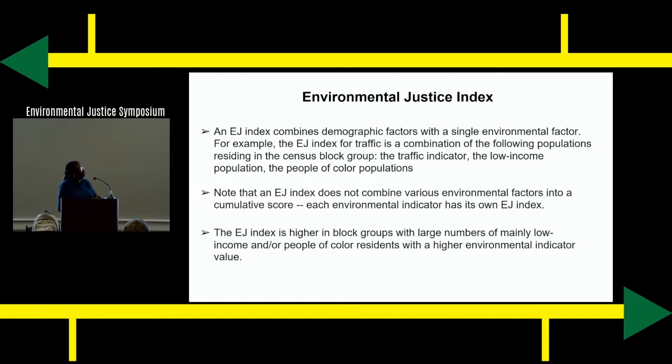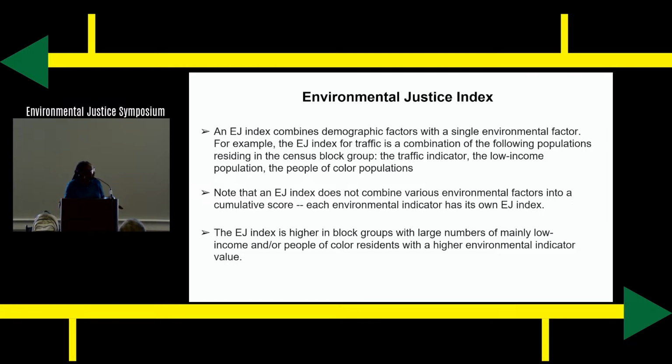One thing about it is that it doesn't have a cumulative score. It doesn't add up all the indicators together. But if you want to see the cumulative score, the tool has a tab where you can add as many indicators as you want and generate a cumulative score from that.